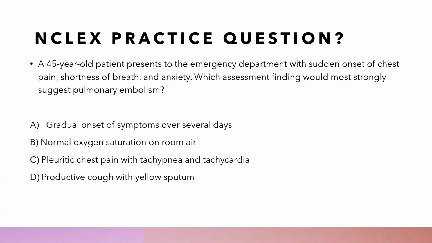They're going to be breathing hard and having tachycardia. Now, a productive cough of yellow sputum? No, you don't have any type of yellow sputum production with a PE. Frothy, blood-tinged, yes, that would be a big one. But it's not that one. It happens to be the pleuritic chest pain.